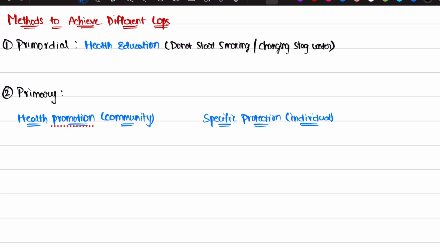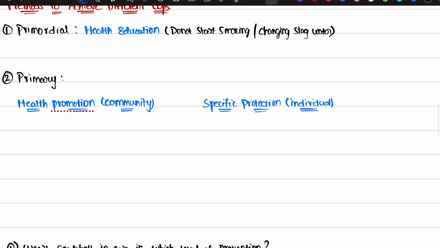Under primary prevention, I am going to write the definition: avoiding disease in presence of risk factors. Risk factors are present, but by preventing the risk factors, we are avoiding the disease. It is primary levels of prevention.